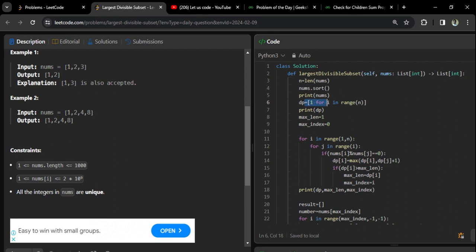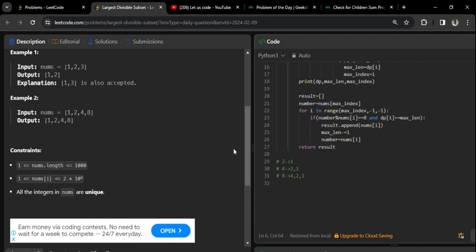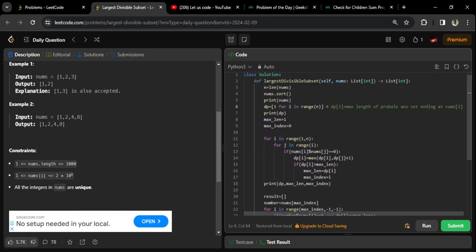What is this dp array? First of all, the dp array is going to tell me, in this particular set, the max length of the probable answer set ending at nums of i.